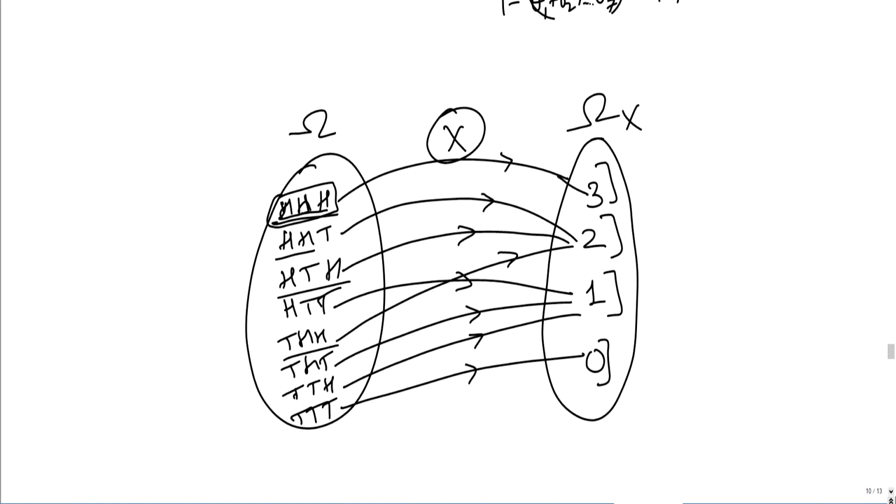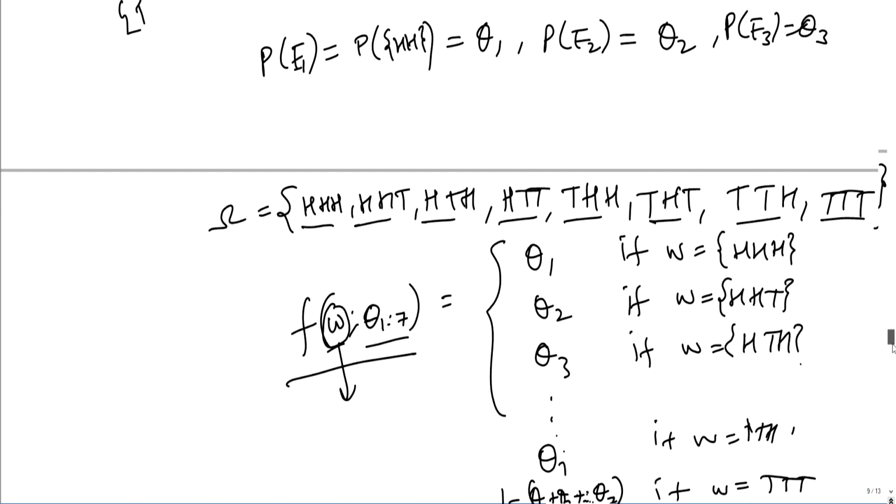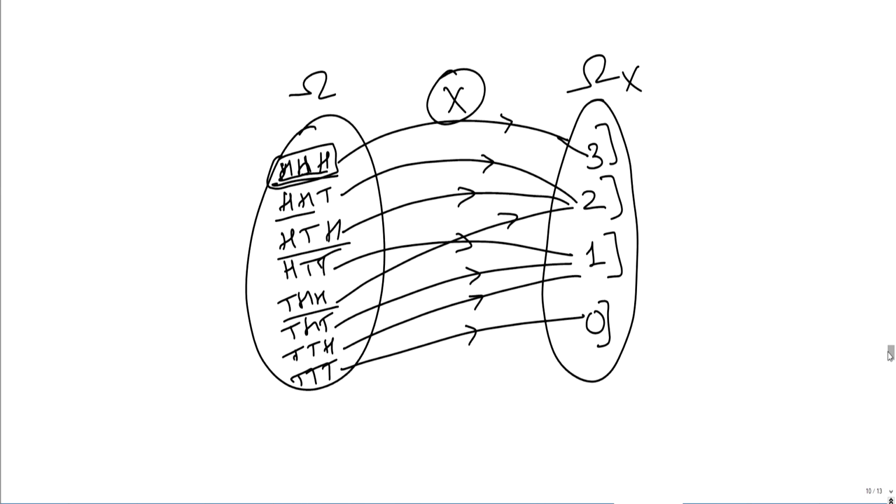So, what this function is doing is that it basically maps your sample space to another space which is numerical and convenient for defining probability assigner functions. So, it maps your sample space to another space omega x.